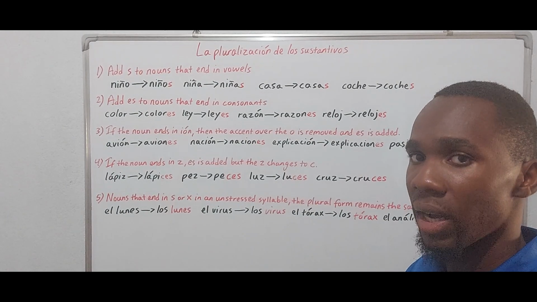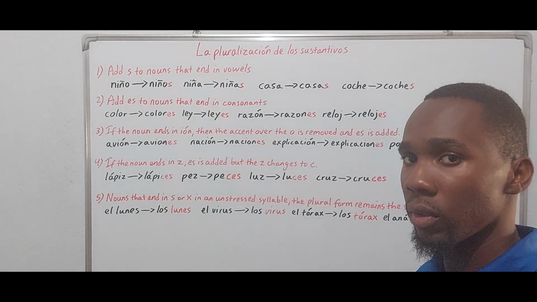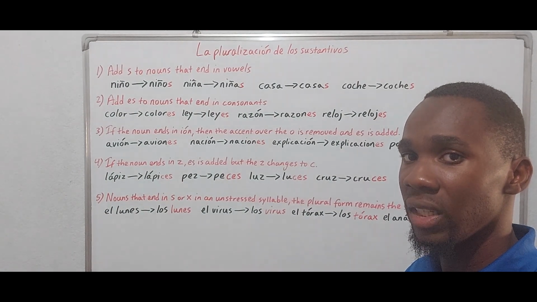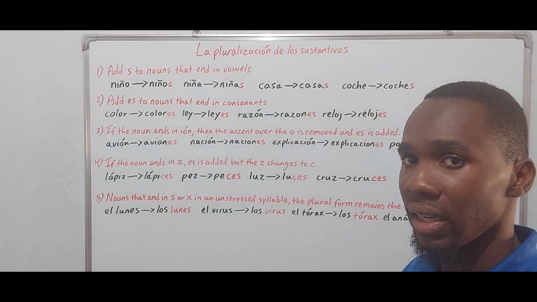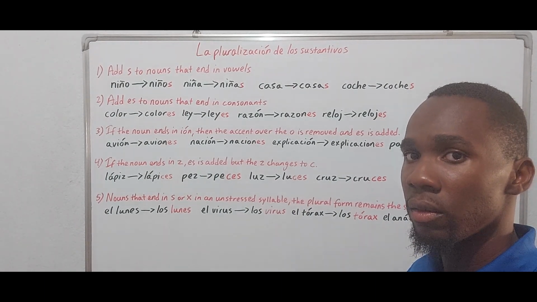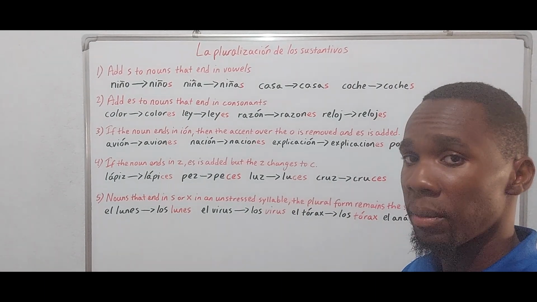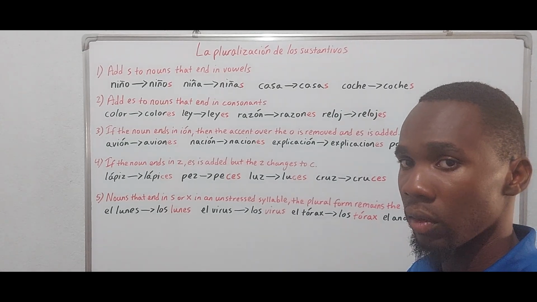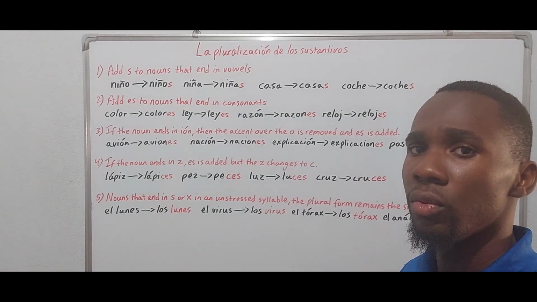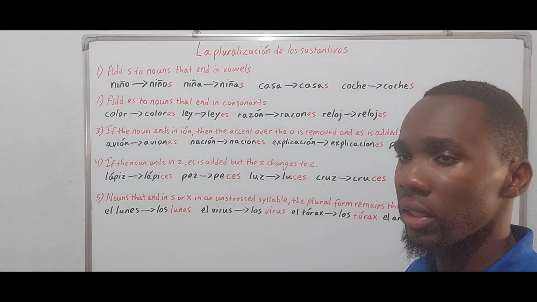To make it plural, you add s. If you want to make that adjective feminine, we usually change the o to an a. And if you want to make it plural feminine, we add s onto the a, right? But you can check out that video to get the details.